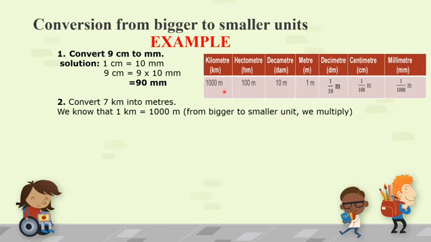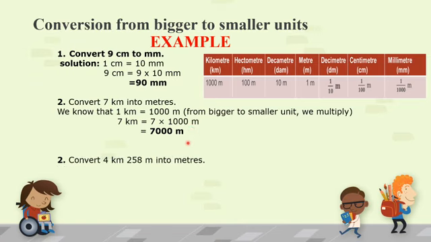How have we understood 1000? You see how many steps we are going: 1, 2, 3. So 3 zeros. So 1 kilometer equals 1000 meters, and 7 kilometer equals 7 into 1000, so 7000 meters.